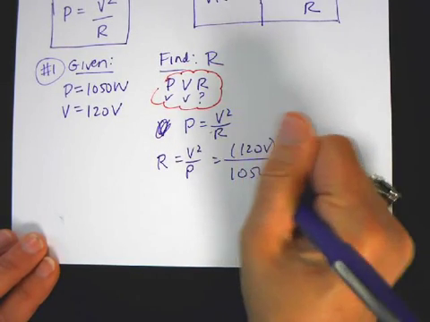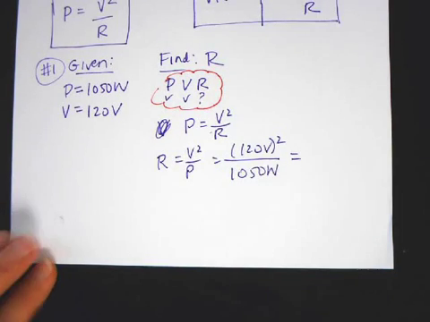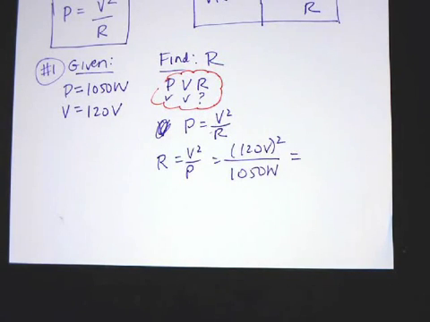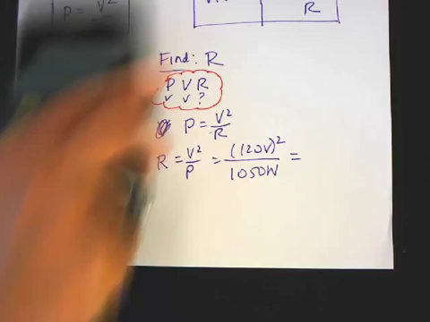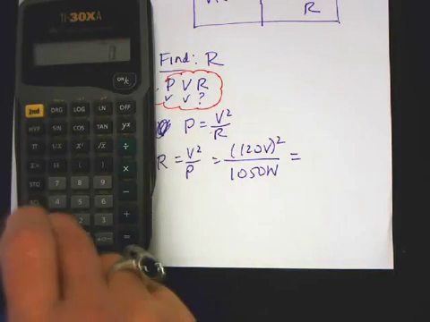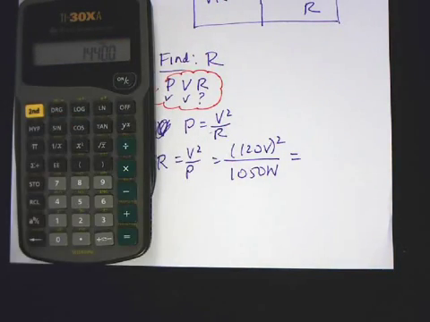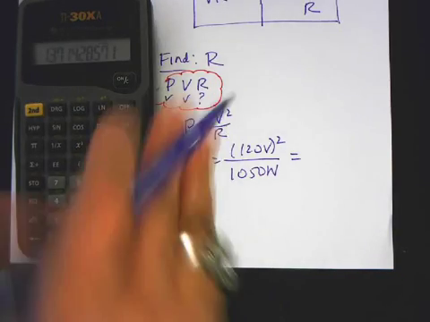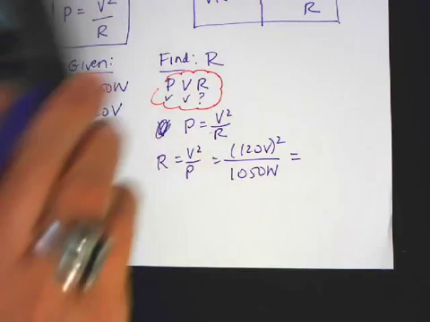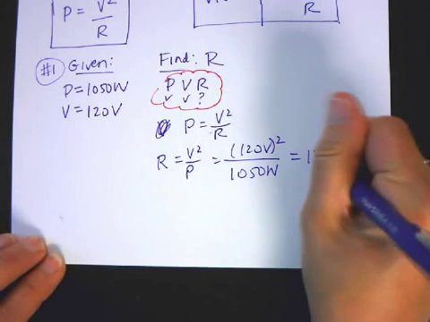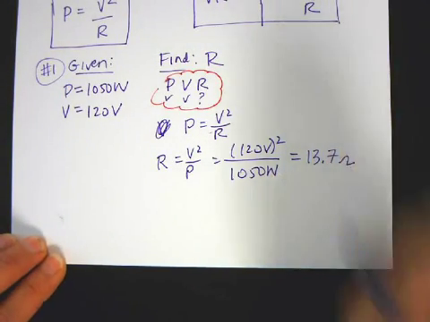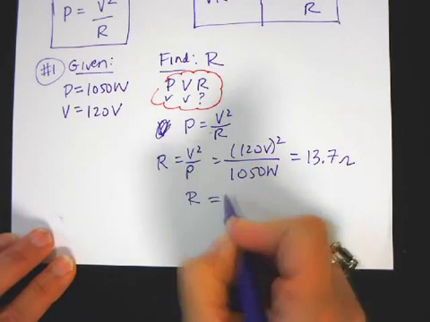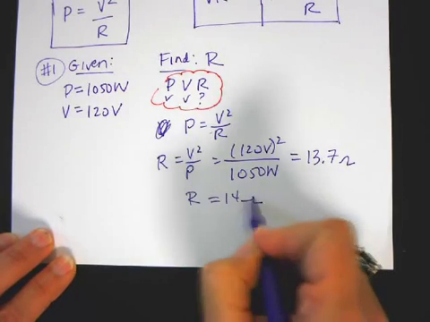On my calculator, 120 squared divided by 1050 comes out to be 13.7. And then with correct significant figures, let's say 14 ohms. And that's it.